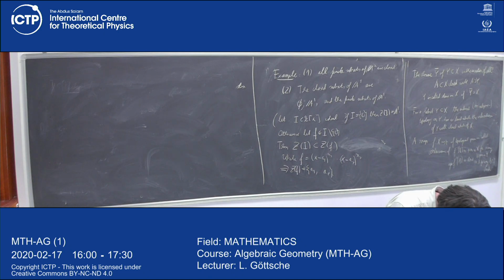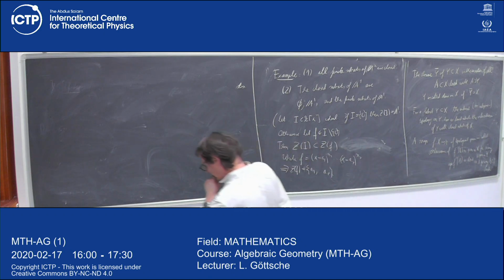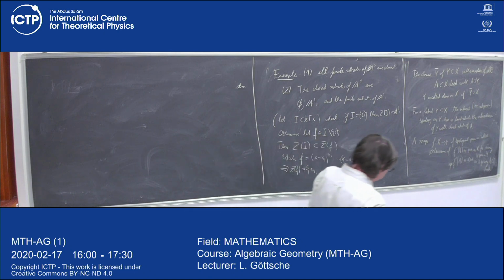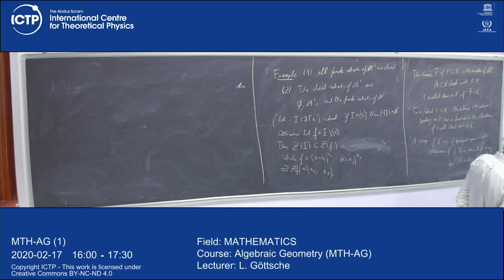Okay. So now we have seen that every affine algebraic set is a zero set of some ideal, but there can be more than one ideal whose zero set it is.